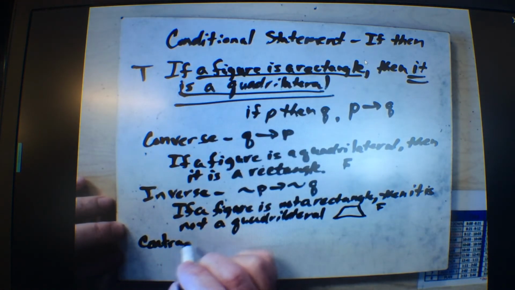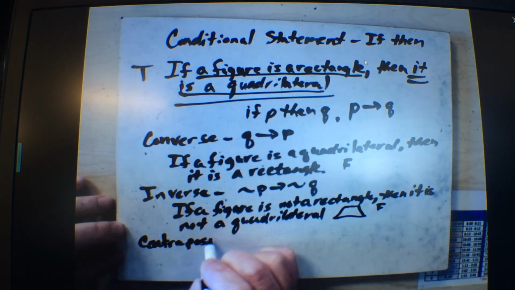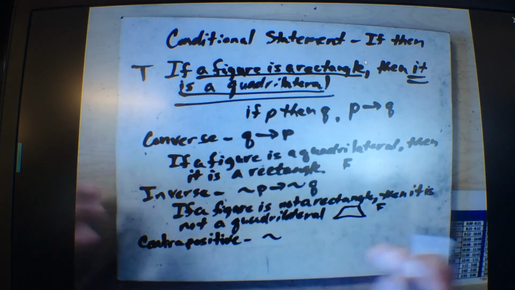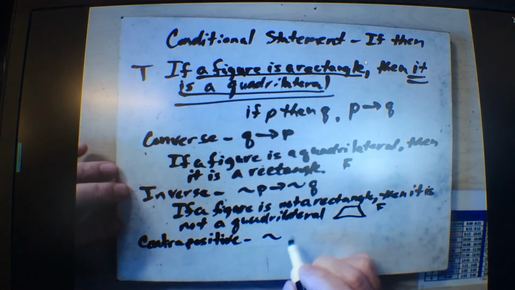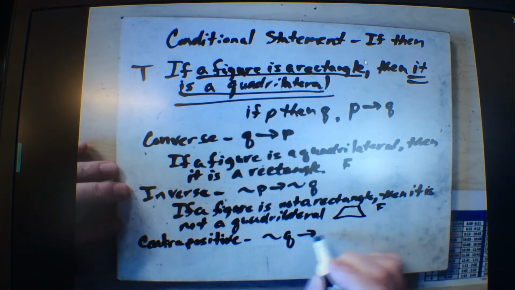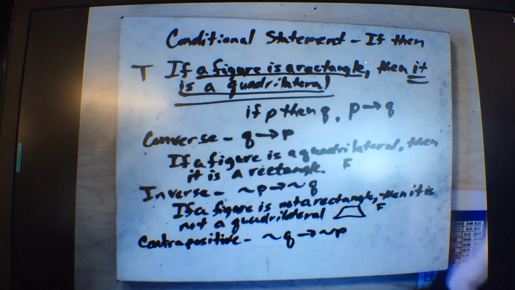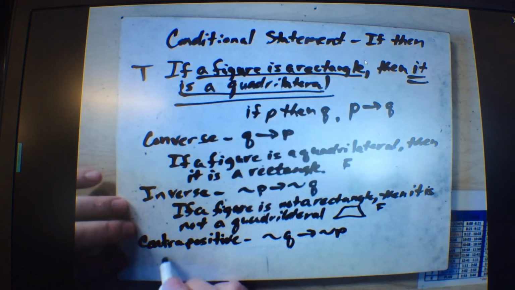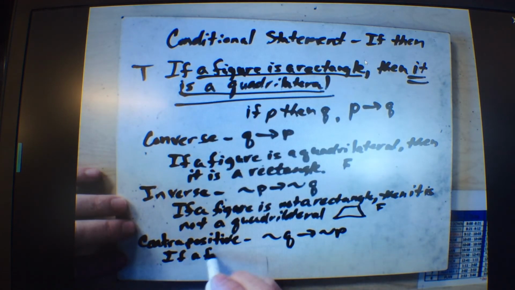Now we're going to have what we call a contrapositive. And this is, you turn it around and you negate it. So not Q, not P. So not only do you flip the hypothesis and the conclusion, but you negate both of them. So now you start out by saying if a figure, can you see this up on the board?